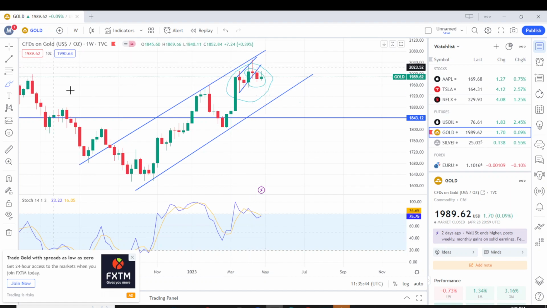So focusing on gold performance for next week, we still retain our bearishness until maybe price may decide to show another direction. That is, it may decide to go upwards.